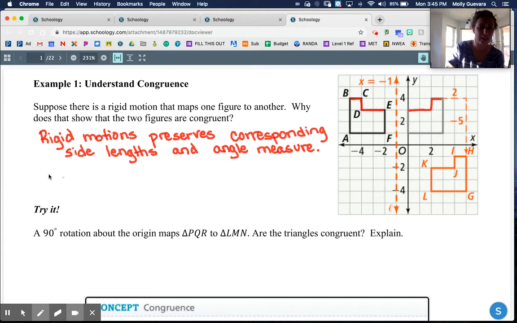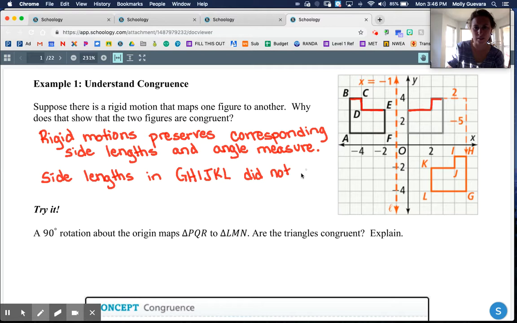So in this case, the side lengths in GHIJKL did not change. Right? The side lengths are the same.